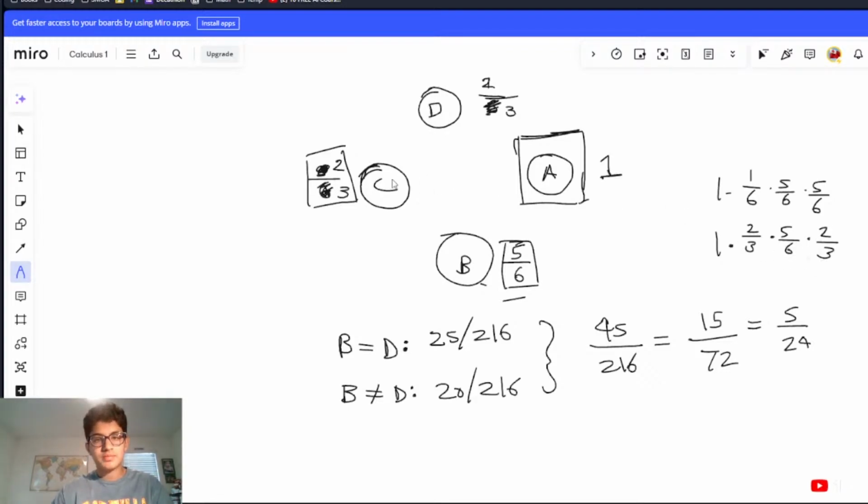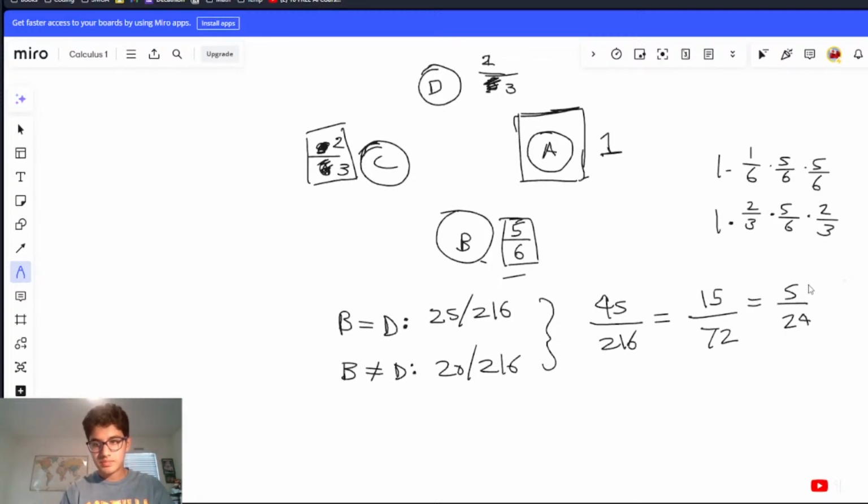Oh, that's a problem. I'm stupid. I multiplied them wrong. I think that's a problem because this isn't a 6 or a 6, right? It's 2/3 and 2/3. So this part is correct. This is 25 out of 216, but this will be 20. No, not 20. This will be 80 out of 216, I think.